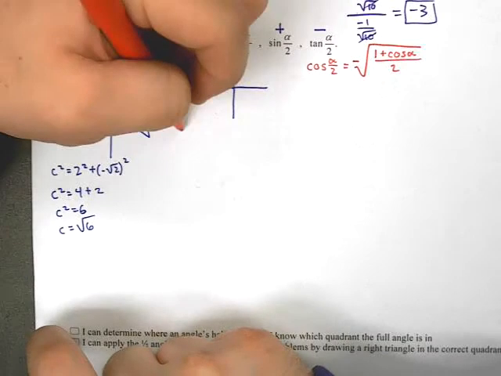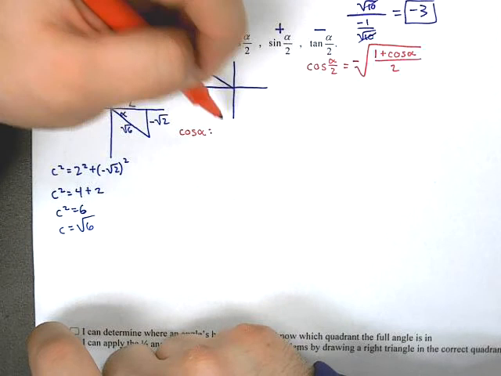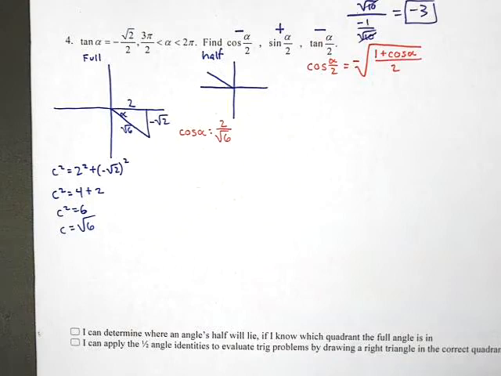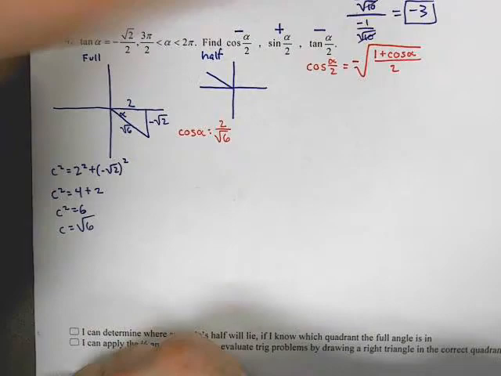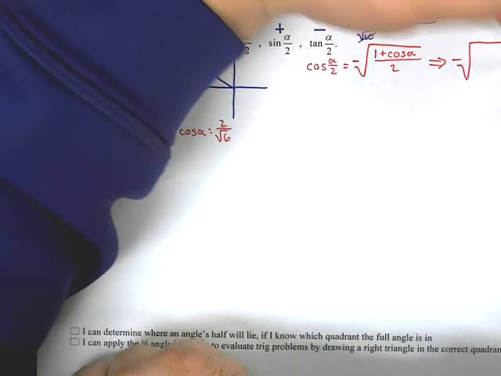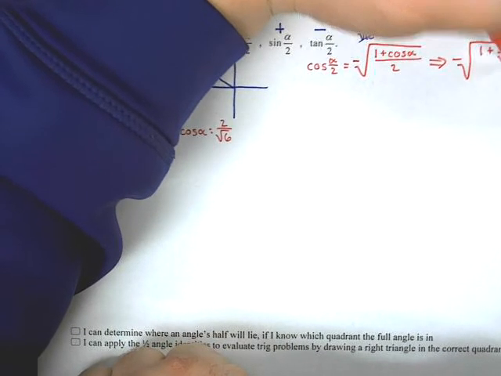I'm just going to write that so we have it, because we're going to need it again. Cosine of alpha is 2 over root 6. Let's plug that in. So now we have negative square root of 1 plus 2 over root 6 all over 2.